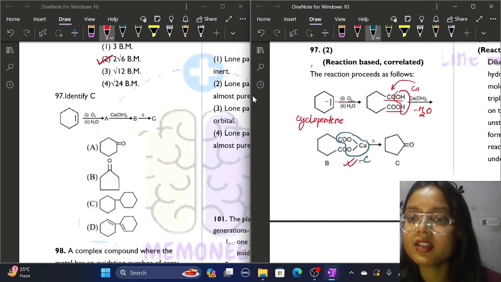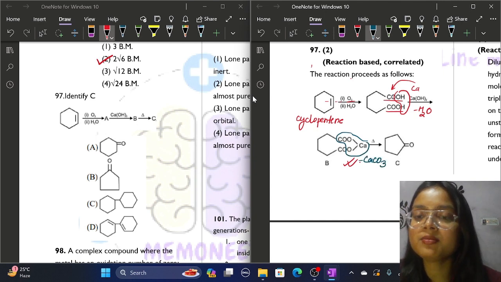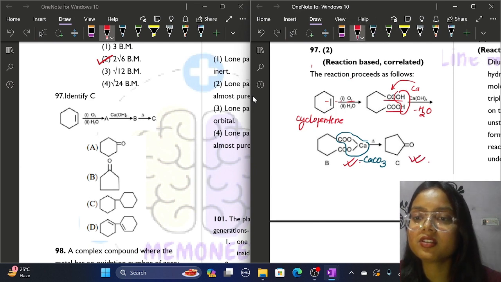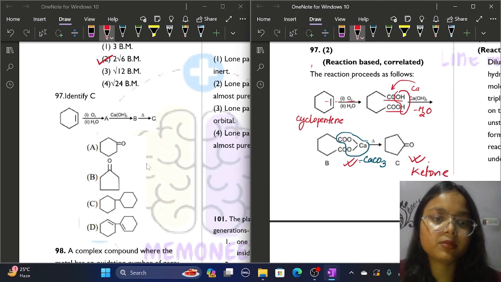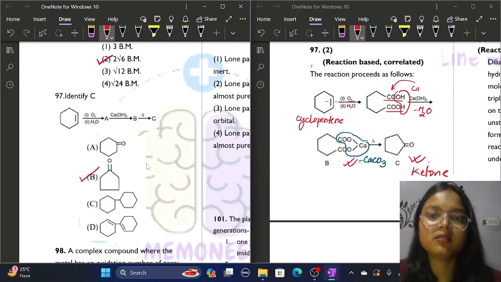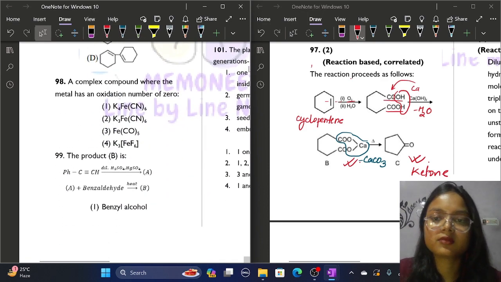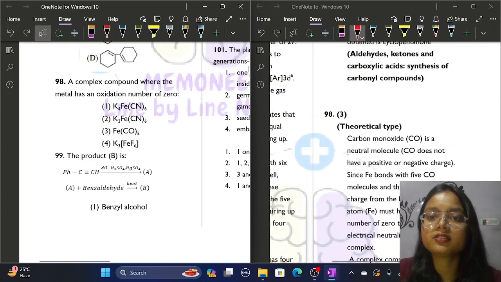CaCO3, calcium carbonate, is removed and this type of structure, which is the ketone, is formed. So what will be the option? B. B is the correct option. Let's move on to the next question.